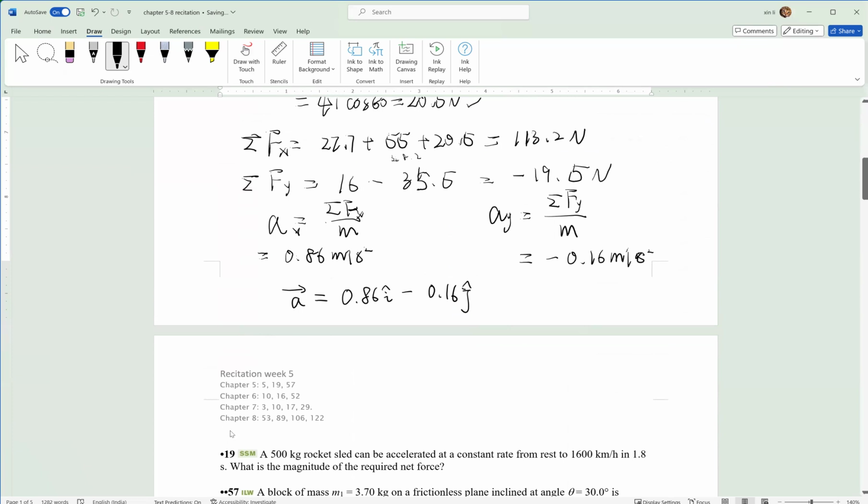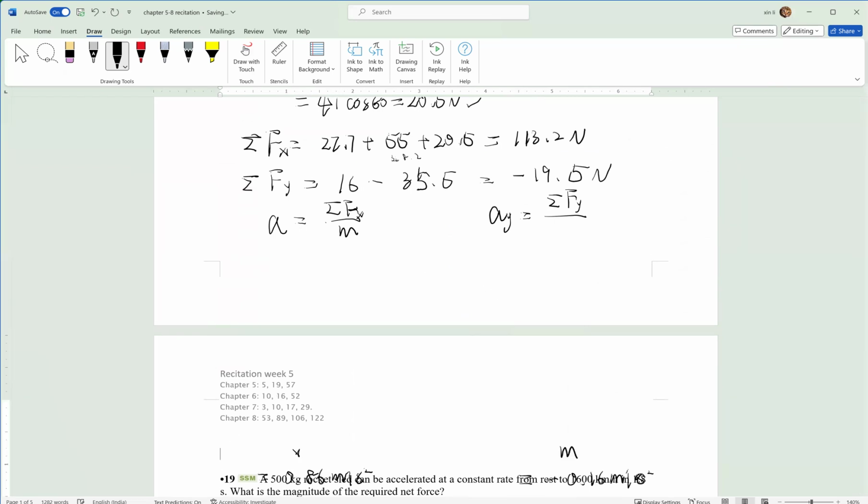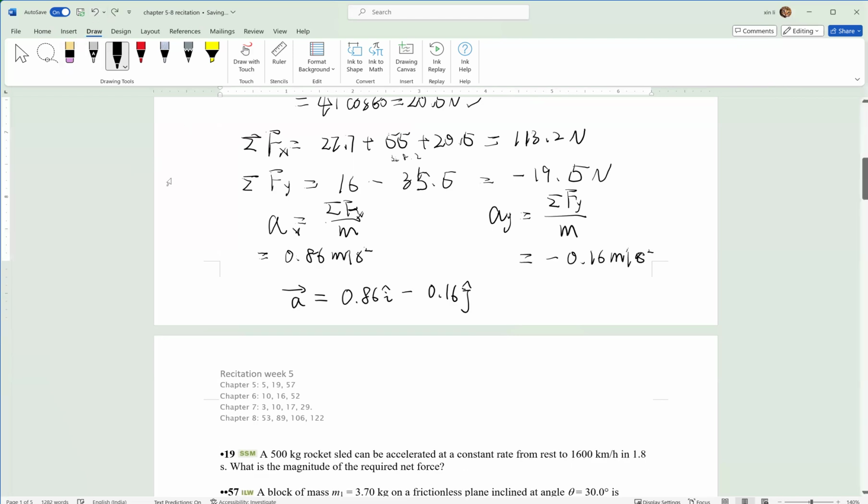And after that, you also have to calculate your magnitude. So magnitude, you are going to write it this way, is 0.86 square, and then plus 0.16 square.